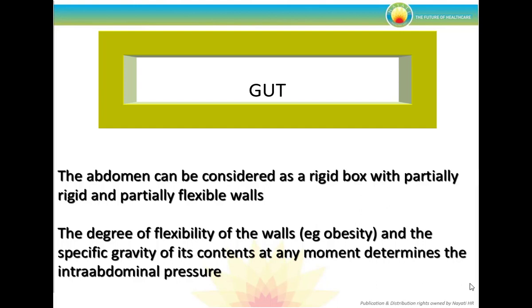The flexible walls are your abdominal wall with musculature and diaphragmatic muscle, and the rigid structures are your skeletal structures, the bony walls. So the degree of flexibility of the walls and the specific gravity of its contents at any moment determines the intra-abdominal pressure.